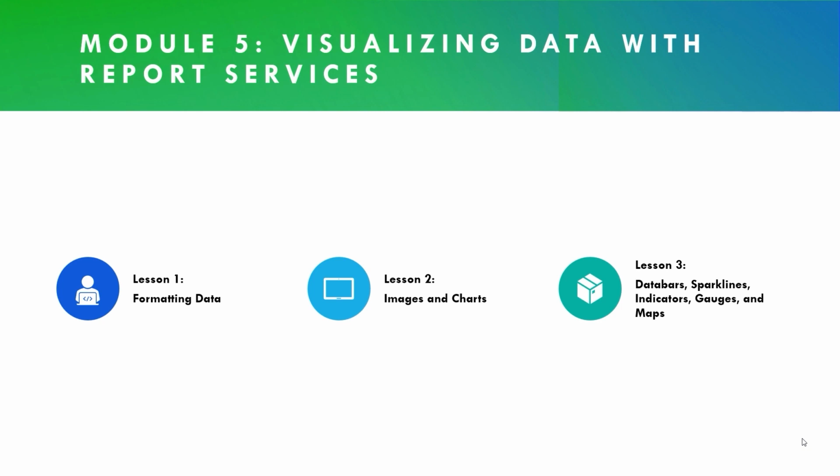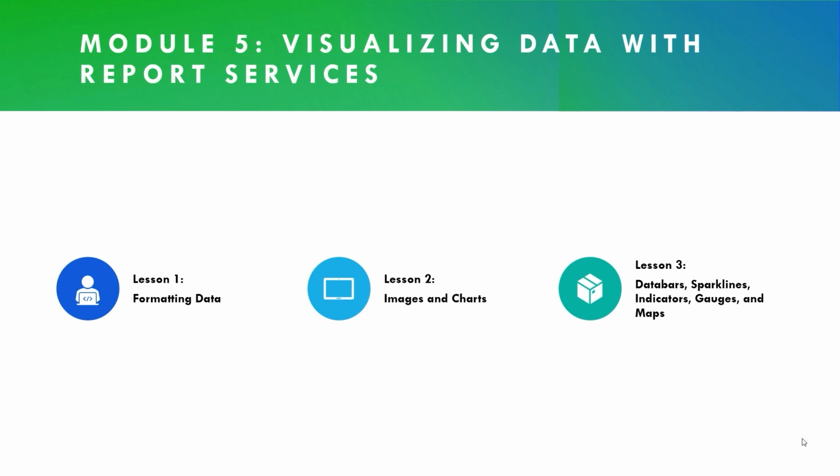In this module, we did some more data formatting as we've been doing throughout the course. Then we moved into uploading images and adding images to report items. We ultimately did that in both Report Builder and Report Designer because it was a different process. And then we moved on and built a chart report.